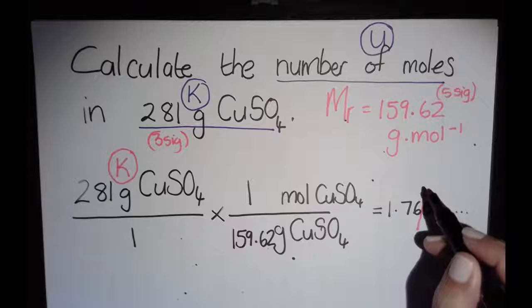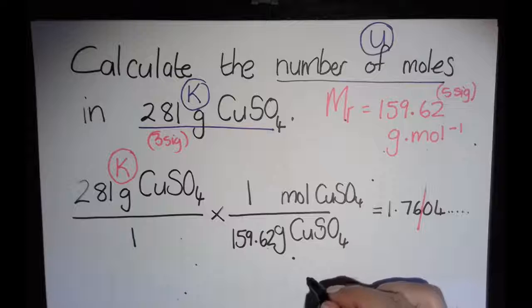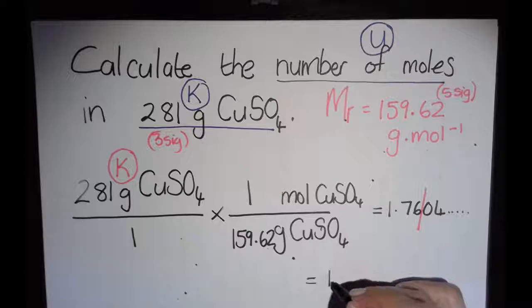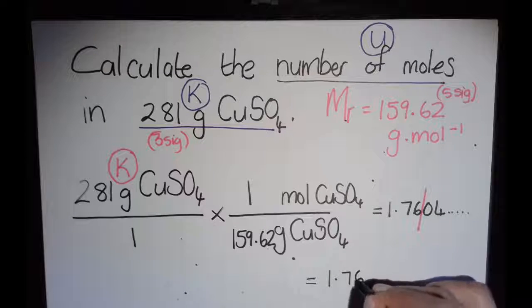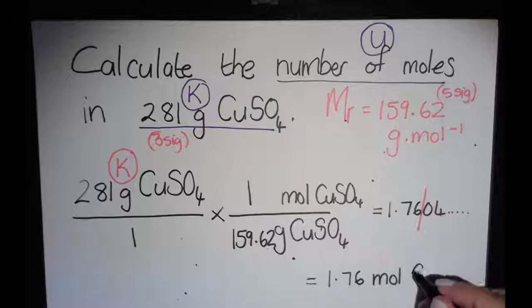This 0 is not going to change anything with the 6. So my answer is going to be simply written as 1.76 mole of copper sulfate.